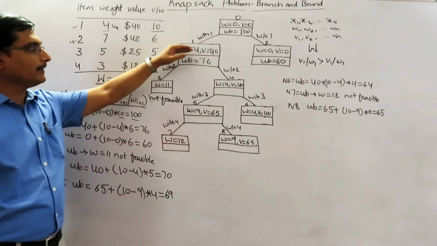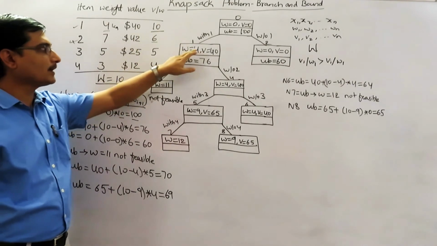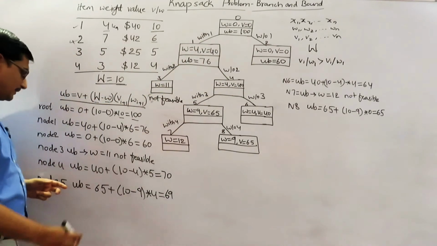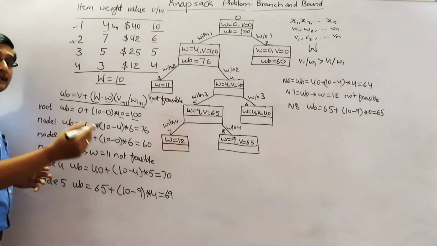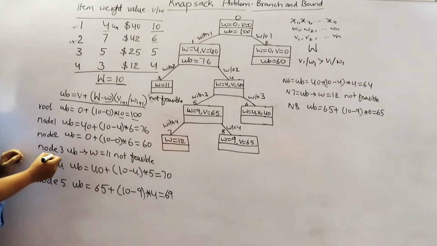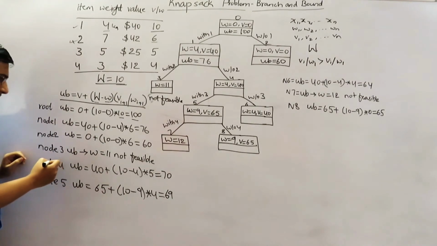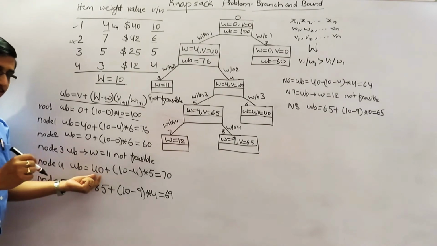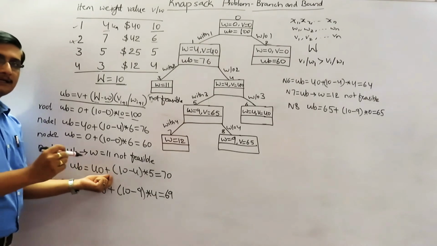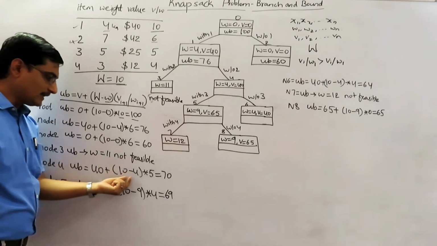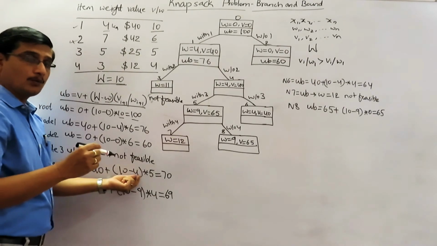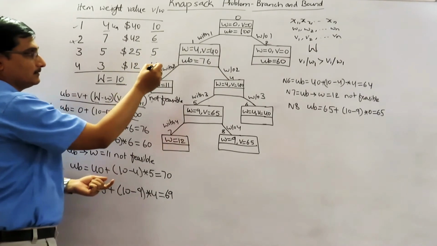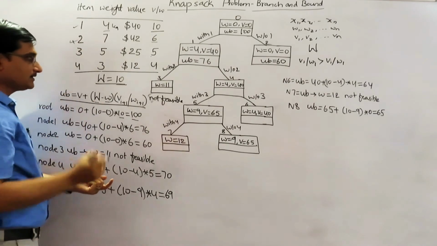Without the second item, the weight will be the first item's weight, that is 4, and the value of the first item, that is 40. Now we need to calculate the upper bound. We have to go for the next item, the third item. So this node's value will be the value of the first item, 40, plus 10 minus the weight of the first item, that is 10 minus 4, into the value to weight ratio of the third item, because the second item is rejected.